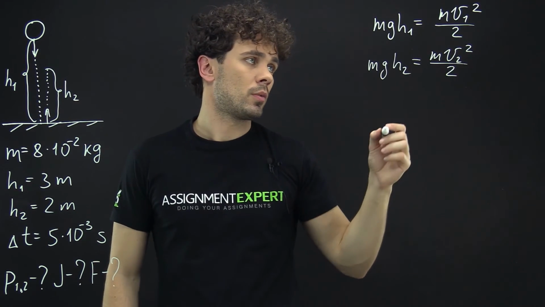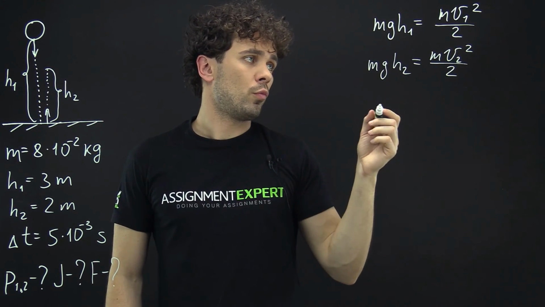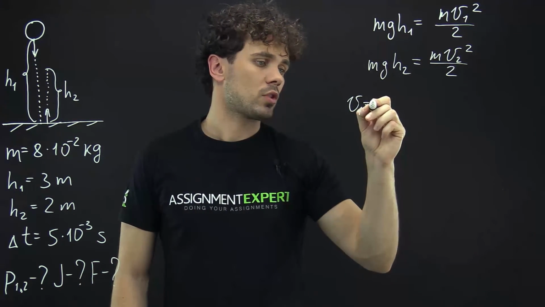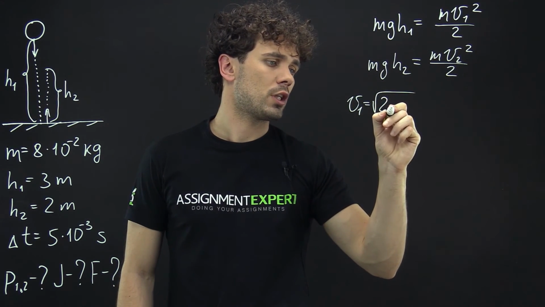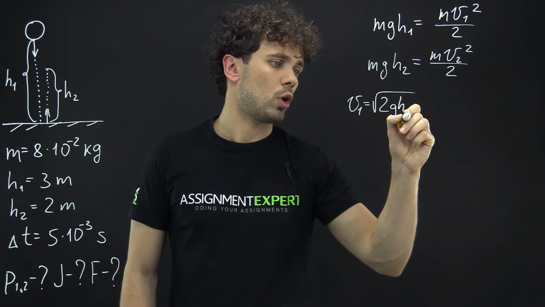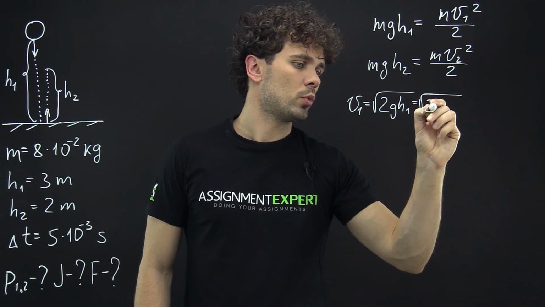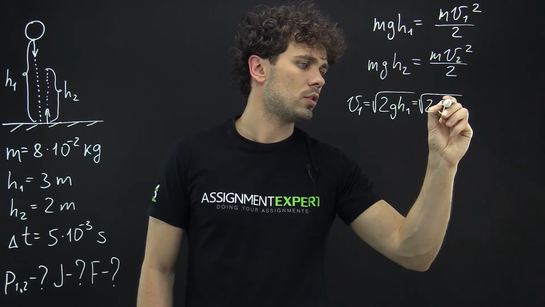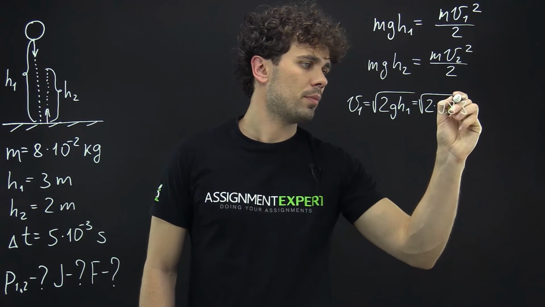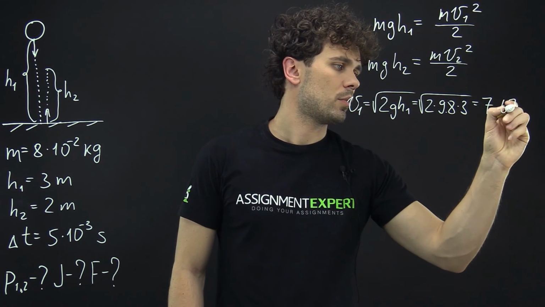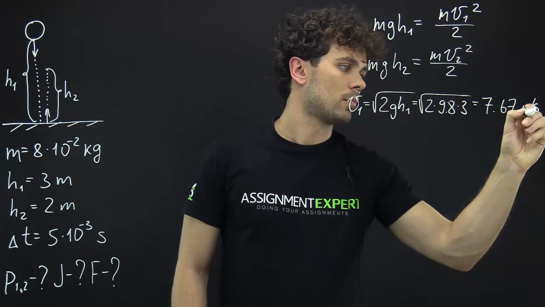upward directions. So, for the movement down, we have v1 equals the square root of 2 times g times h1, and this is equal to the square root of 2 times 9.8 times 3, and we get 7.67 meters per second.